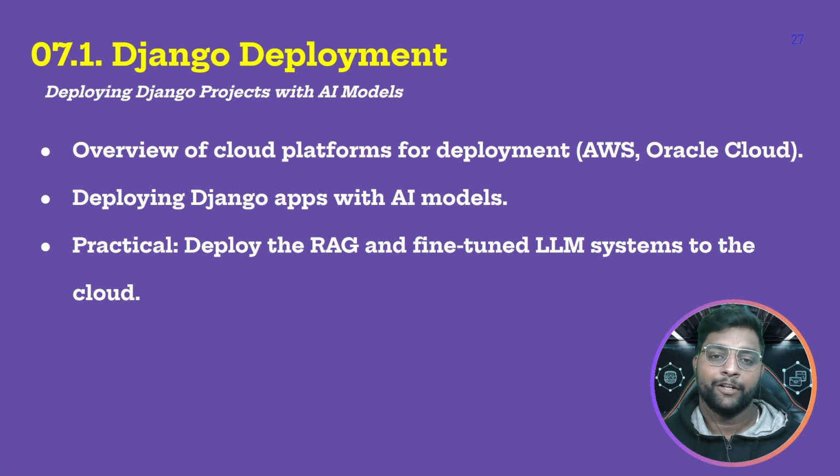Finally, for deployment, as I told you, we'll be using Oracle Cloud and deploying Django applications with AI models. For this, we'll be mainly using Docker. We will see how you can write a Dockerfile, and even Nginx. If you have a domain, we can use Nginx for reverse proxy.